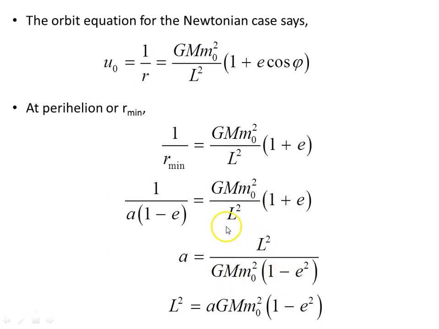So we flip both sides and then divide through by 1 minus e, and we have this object here, a, and so we can rewrite L squared, the square of the angular momentum, in terms of the particle. Now this is the angular momentum of m0. So the angular momentum is this object here.